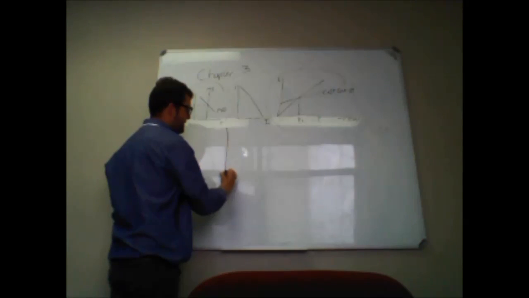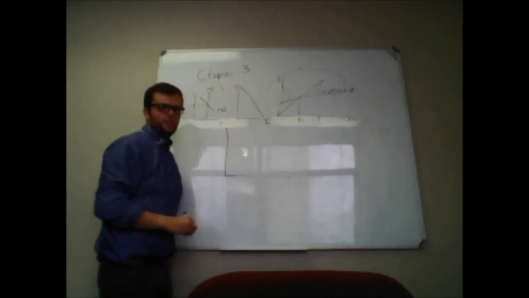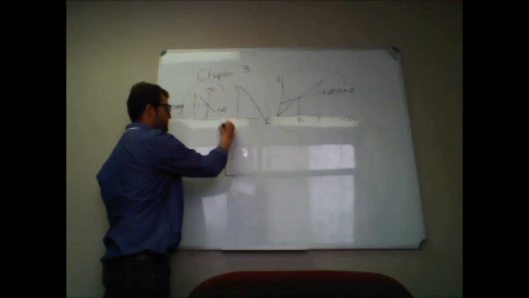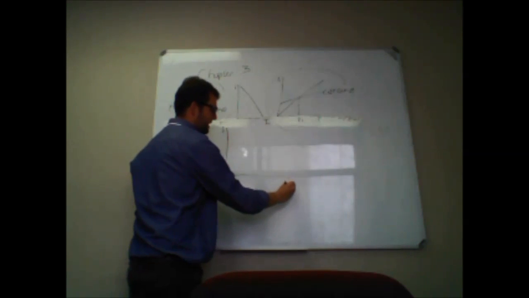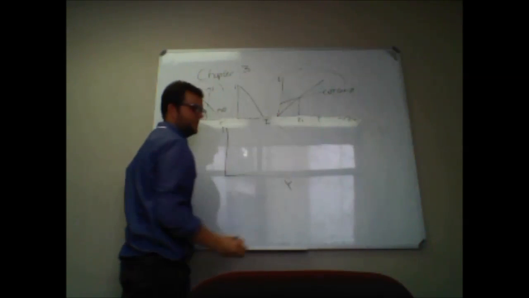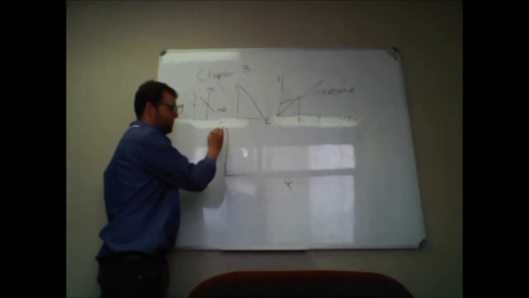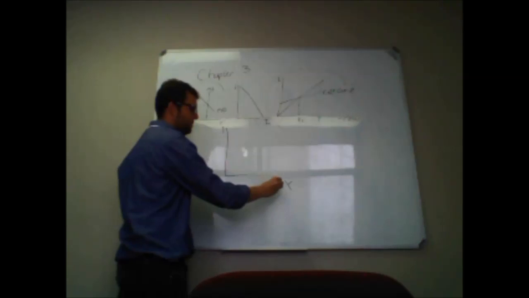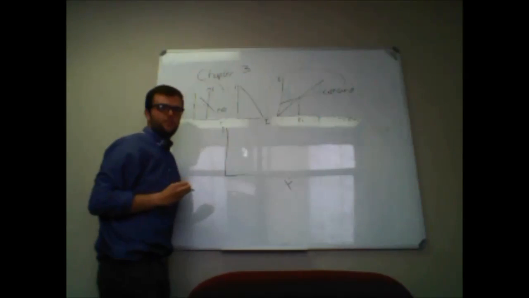So draw your axes, or your skeleton, and we'll put interest rates, which is from the monetary side, here, and income, which is from the real side, here.